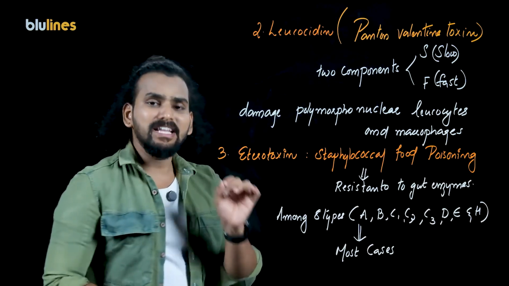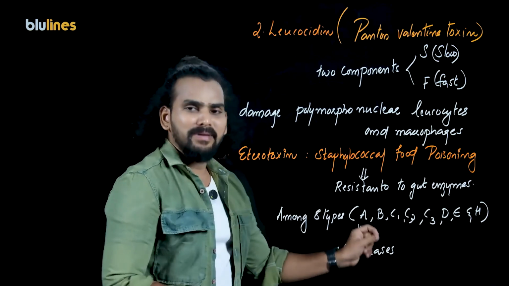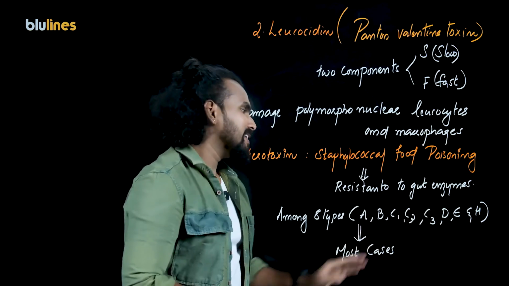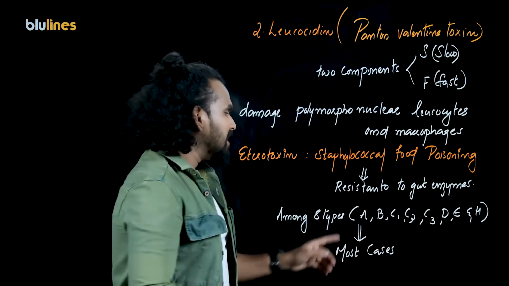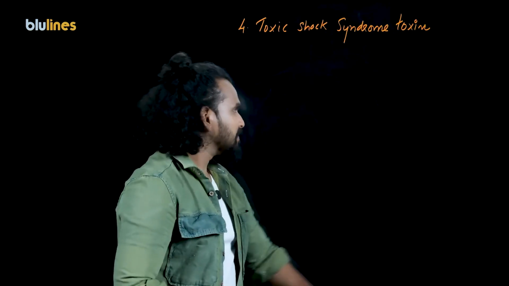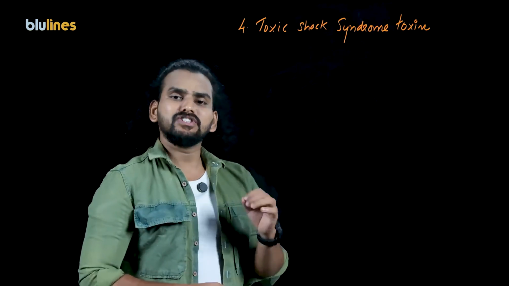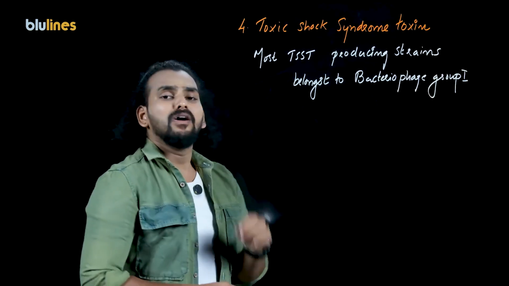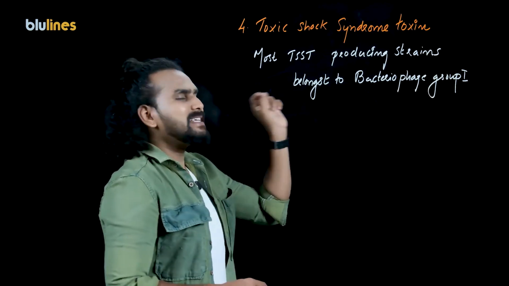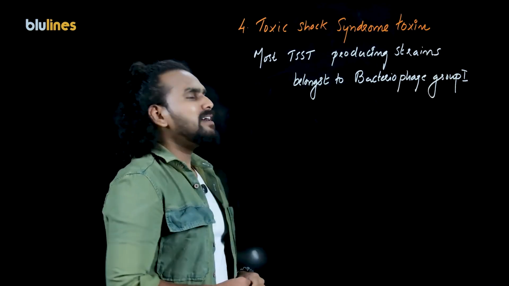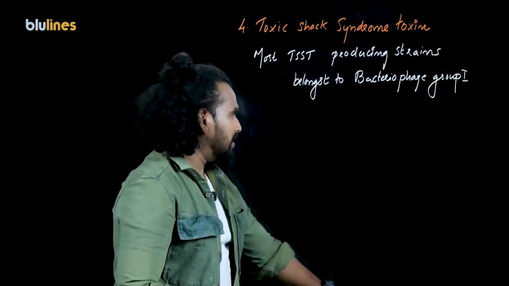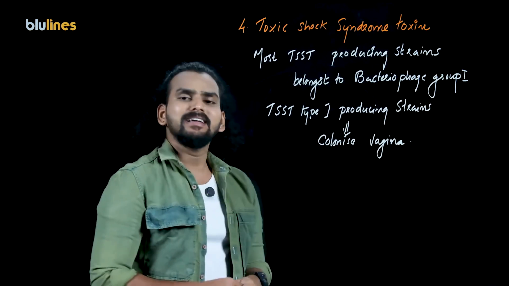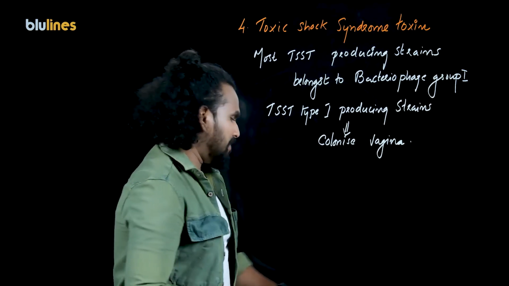Among the types, that is A, B, C1, C2, C3, D, E and H, in most cases the A group is present. Then toxic shock syndrome toxin, that is TSST. Most TSST producing strains belong to bacteriophage group 1 and TSST type 1 producing strains frequently colonize the vagina.